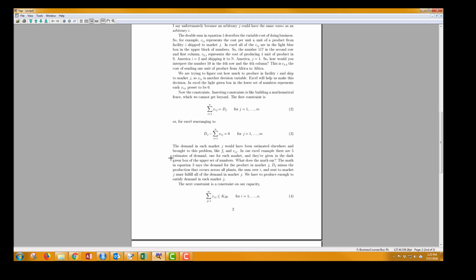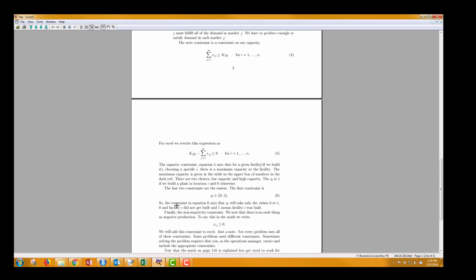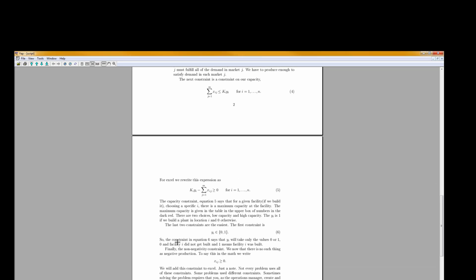The next constraint is a constraint on our capacity. It reads the sum as J goes from 1 to m of X sub ij. Notice there we are again with that production number, this number that Excel is going to help us find. This time though we're summing across all markets, so J is going from 1 to m.